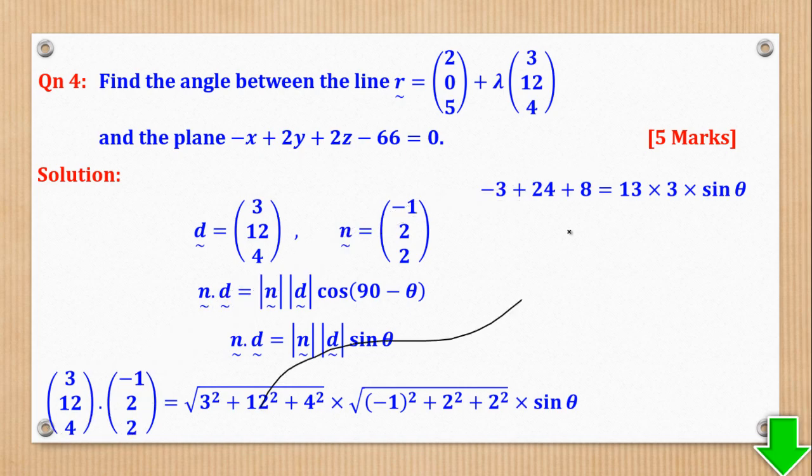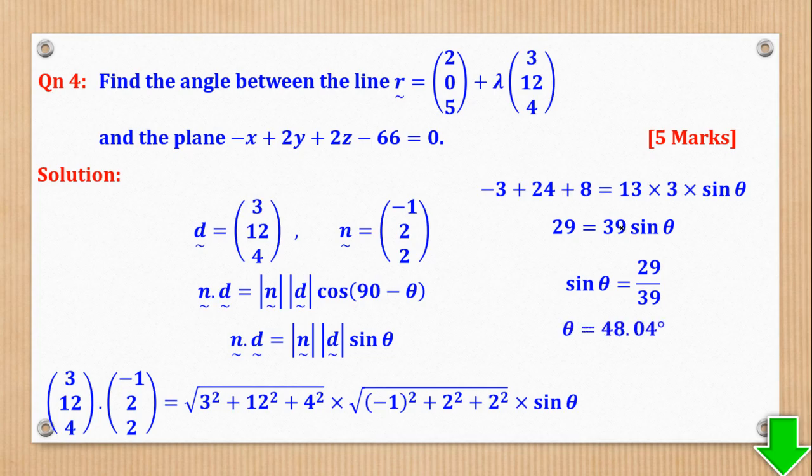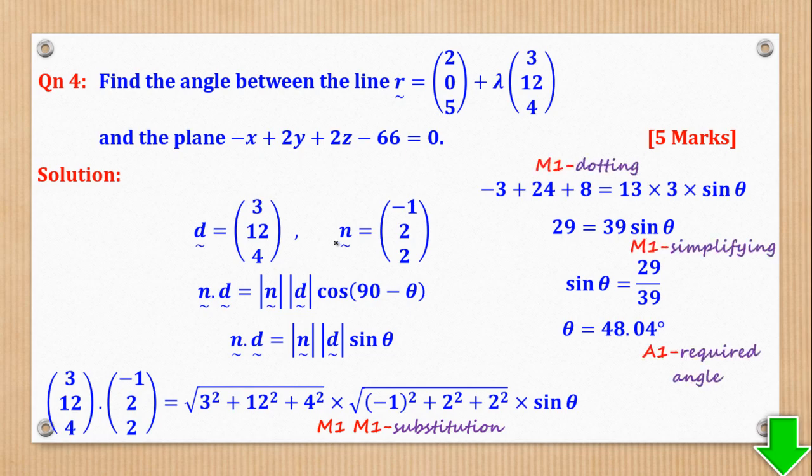Then square root of this is 13, square root of this is 3. Then simplify, this gives 29, this gives 39. Therefore sine theta is that and theta is that. And that's what they wanted. So that's how we could get the 5 marks in that question.